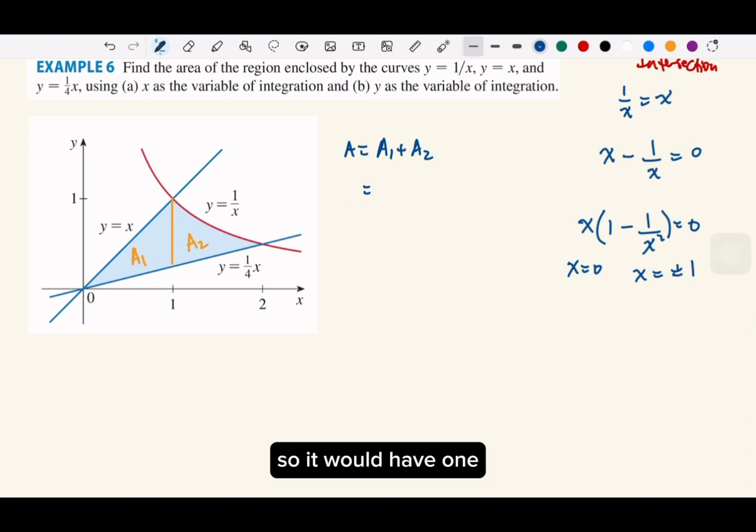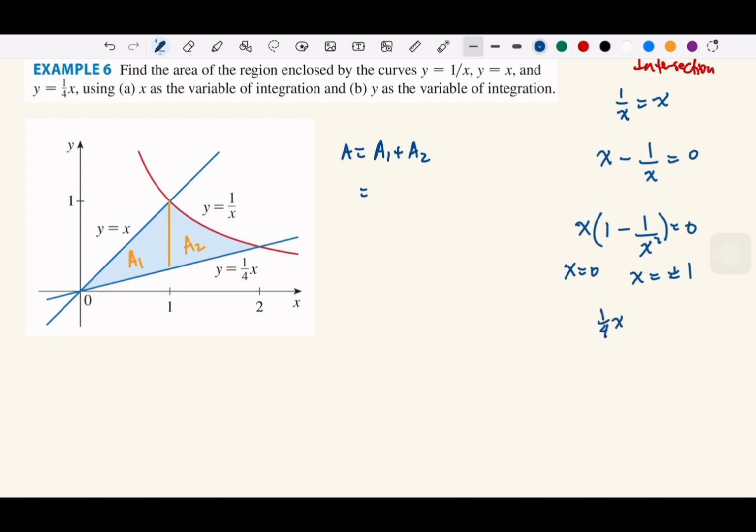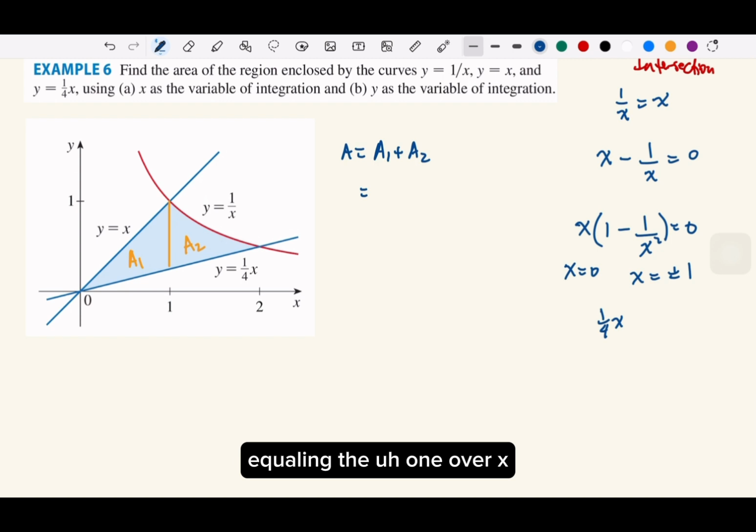So we have 1. And we also have the other part, with 1 over 4x equaling 1 over x.